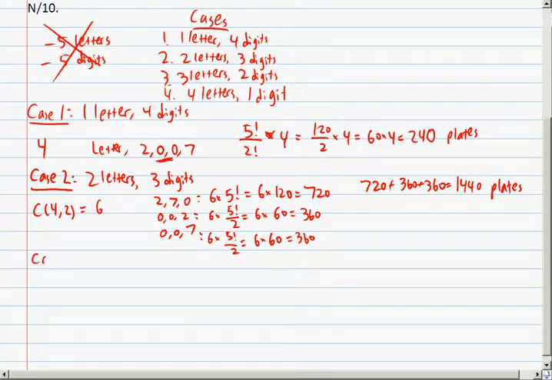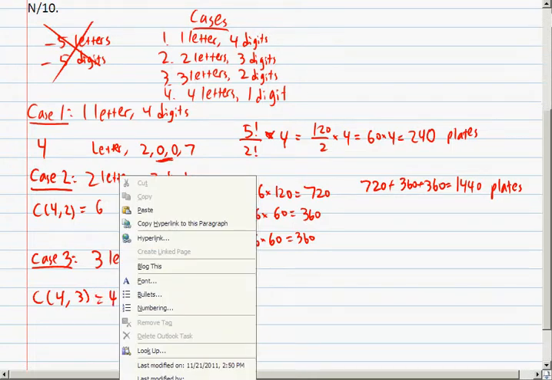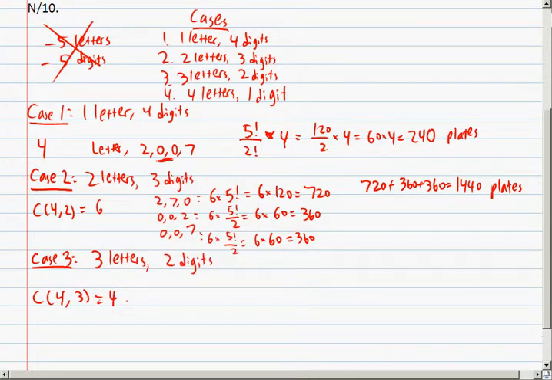Now let's move on to case 3 with 3 letters and 2 digits. Here we must choose 3 letters out of 4. There are 4 choose 3, or 4 ways to do this. And in order to pick 2 digits, we can have 2 and 7, 0 and 0, 0 and 2, or 0 and 7.